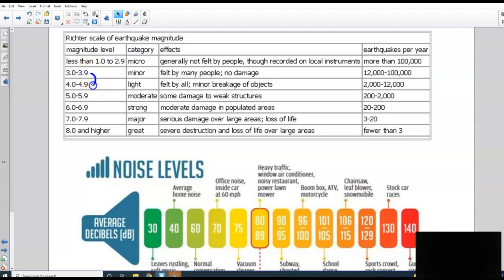So when you go from a 3 to a 4, it's not just like one bigger, it's 10 times bigger. So if you go from a 4 to a 5, again, it's not one time bigger, it's 10 times bigger, which means that if you go from 3 to 5, you've multiplied by 10 twice, which means it's 100 times more intense. So that's why the earthquake in Sparta we had last year, what was it? It might have been 5, maybe.